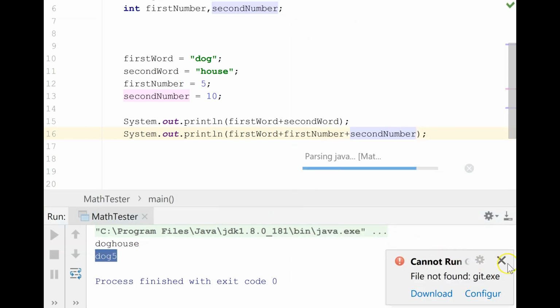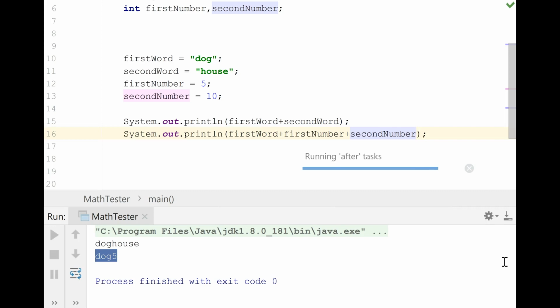Let's go ahead and run it one more time so we can see what it does. This is a big confusion that a lot of students have, and it's not really bad. If I have a string involved, then it's just combining them. Okay, I have 510. I didn't add them together.